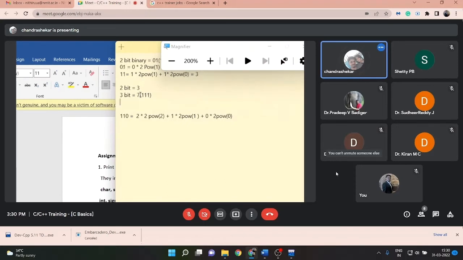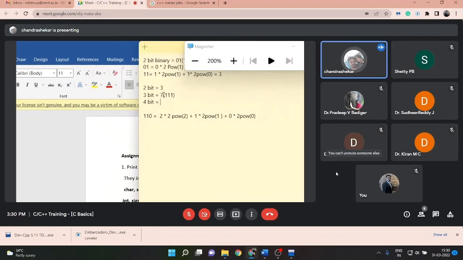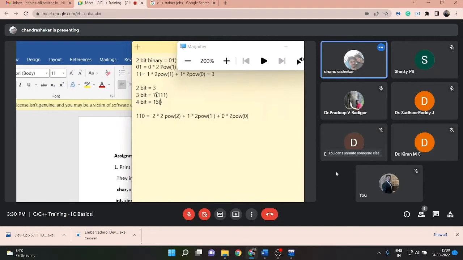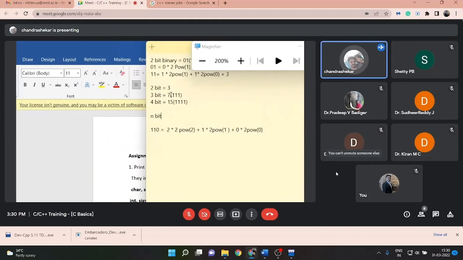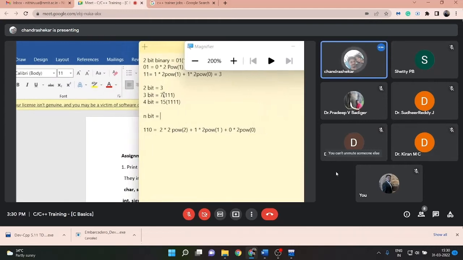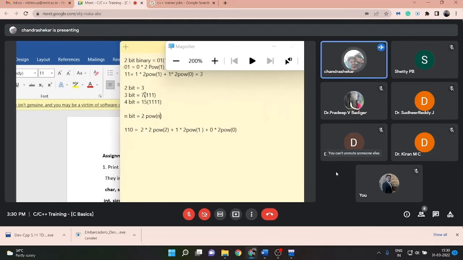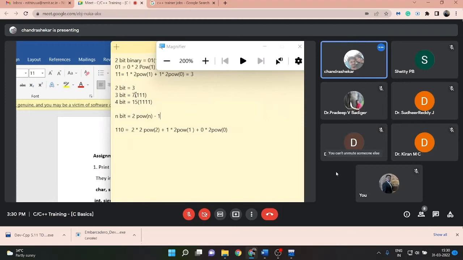For a 4-bit number, the maximum is 15, which is 1111. For an n-bit binary number, the maximum is 2 to the power of n minus 1.